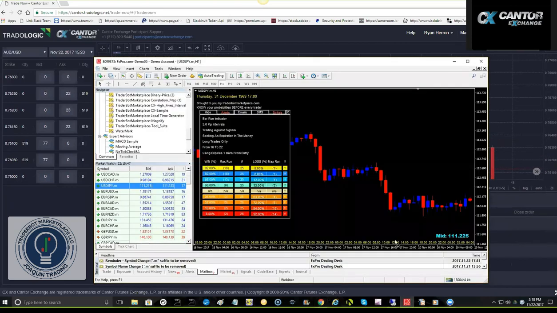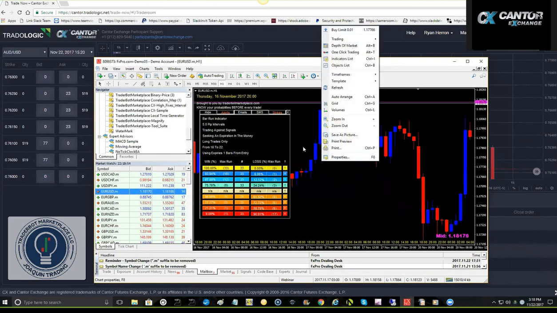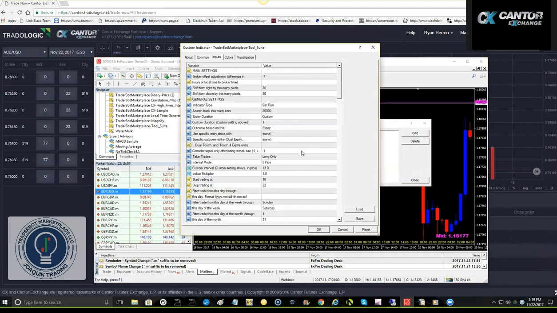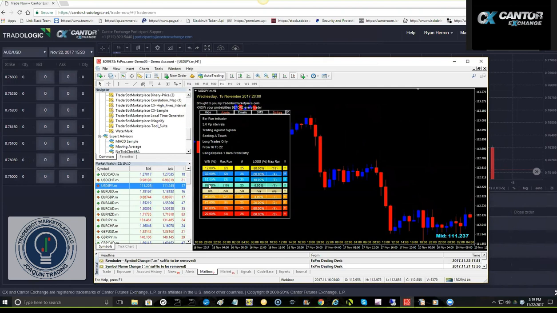So now we're going to go a little bit further. I'm going to go to Euro USD for a minute because I have a little bit more data. We're going to look at how far it moves if we have 5 bars down. Let's go back to USD Yen, sorry. It's got a 92% probability of touching.